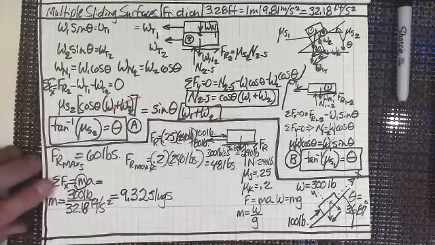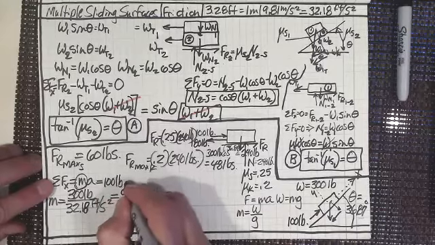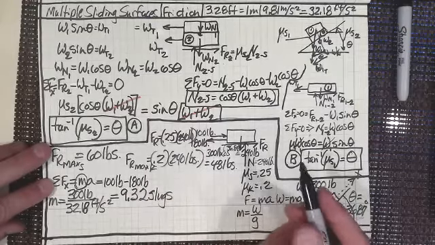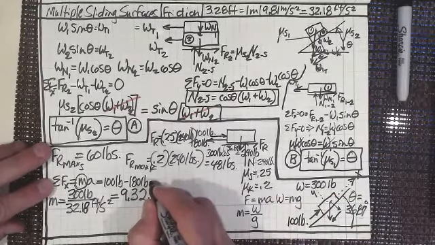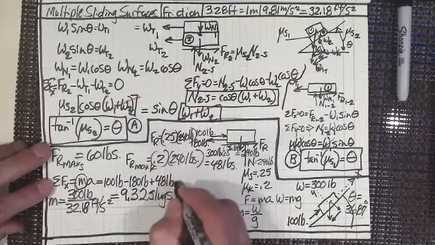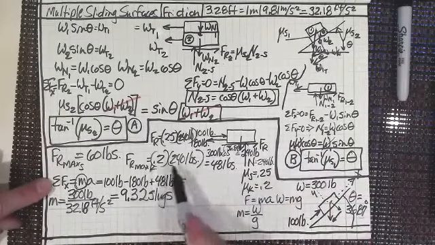We want to sum up all of the forces, don't we? Now we know that we've got a 100-pound force minus a 180-pound force plus 48 pounds, and that's from our frictional. That's our frictional kinetic.